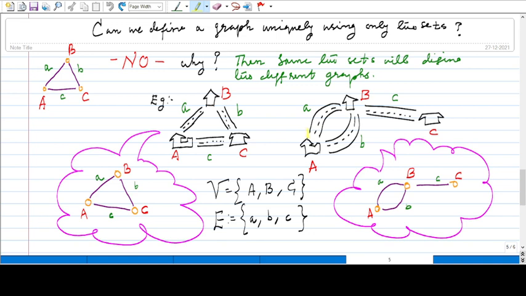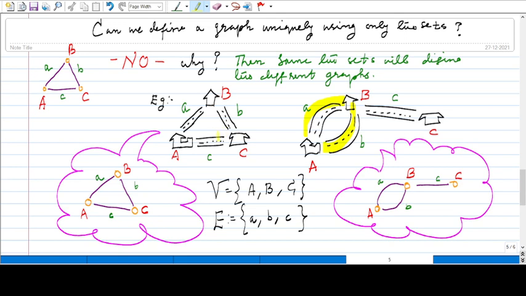But here, if you start and don't go to C, no problem, you can reach back by traveling through two edges. But in the first case, I have traveled through all the edges without repeating.